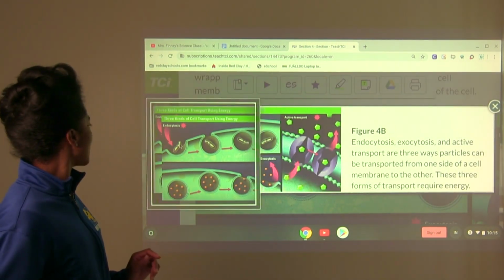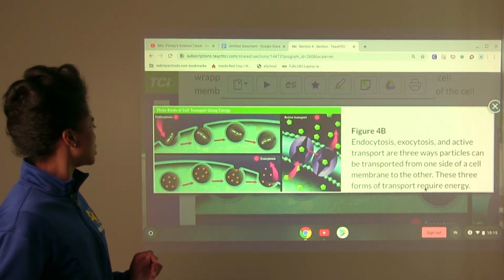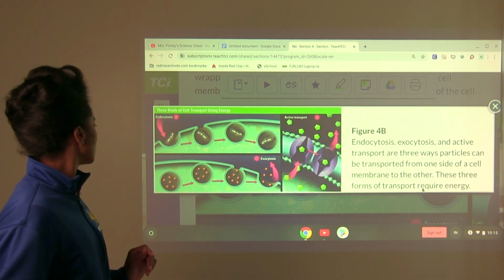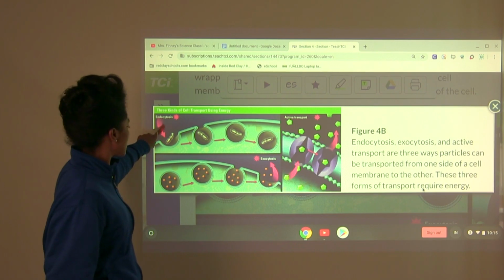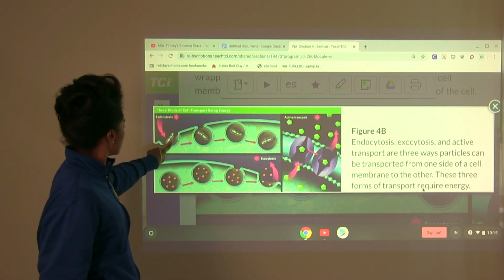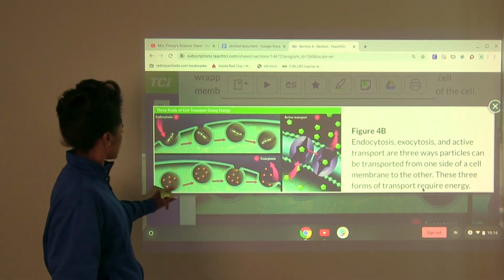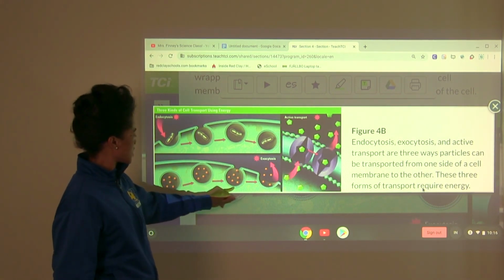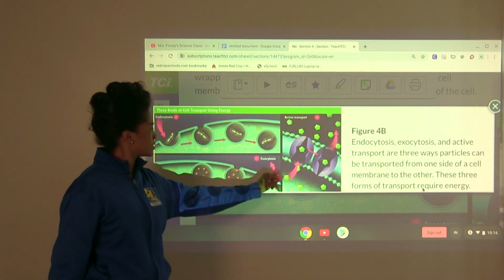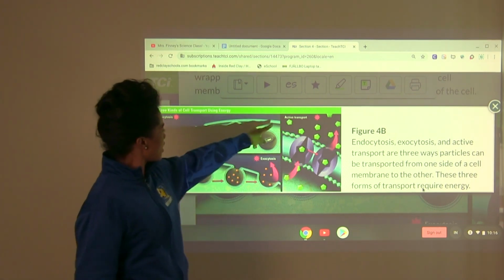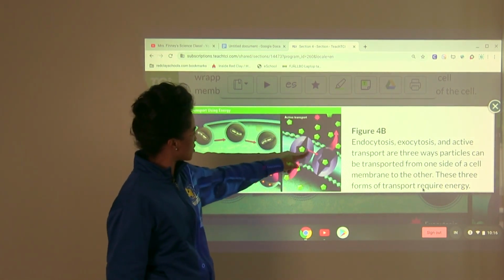Let's take a look here. So these are the three strategies using energy, okay? These three strategies require energy. So we have endocytosis here. See the arrows? Okay. You have exocytosis. See the arrow? Exiting out. Okay. And then you have active transport.